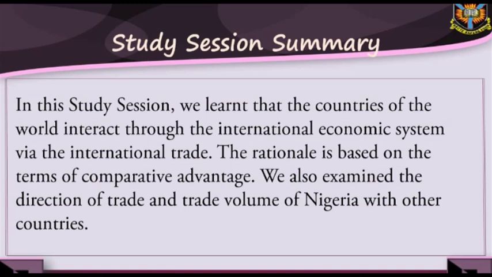The following terms and concepts are peculiar to international transactions: terms of trade, balance of payments, comparative advantage and disadvantage, foreign sector trade policies, import and export of goods and services, and balance of trade, etc.